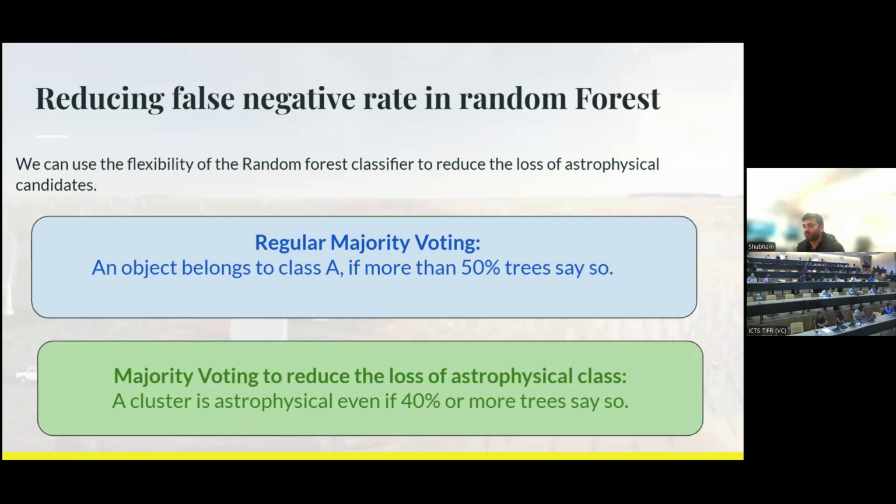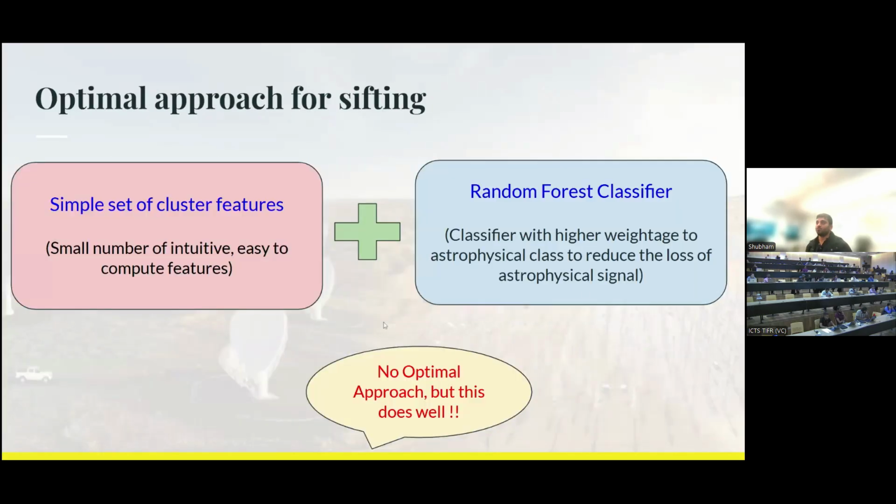In this way, we are reducing the chances of astrophysical signal being misclassified. So what is the optimal approach for shifting? There is no optimal approach, but a simple set of features combined with the random forest classifier does a very good job.